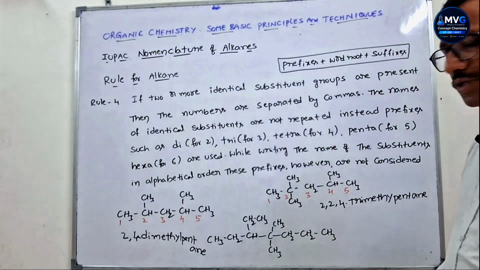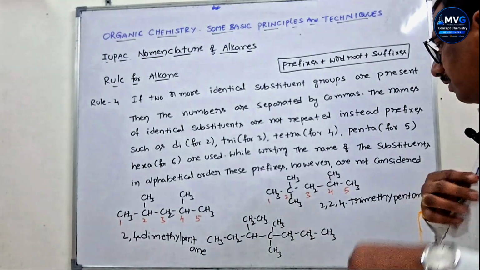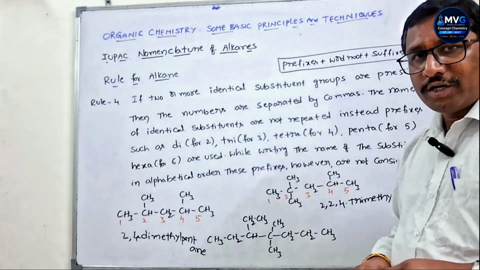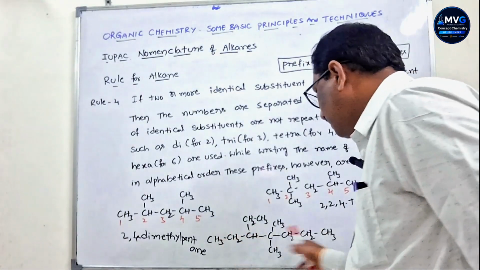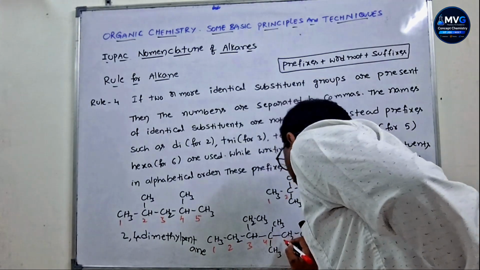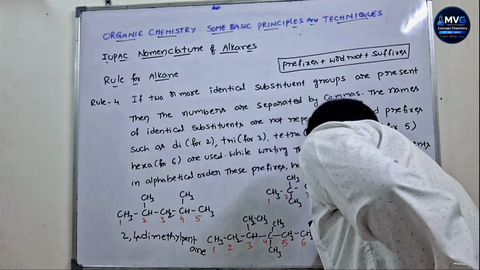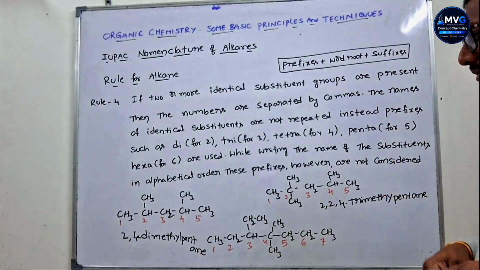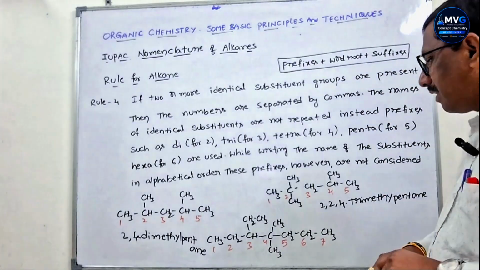Next, this compound, students. Select the longest carbon chain, and the substituents should get the lowest possible number. So in this direction we are getting 1, 2, 3, 4, 5, 6, 7. Now here, third position ethyl is there.